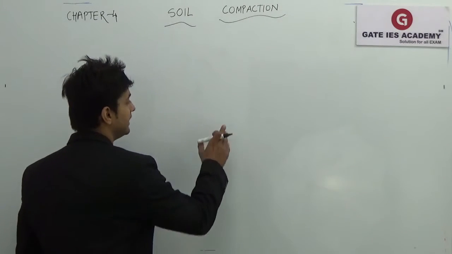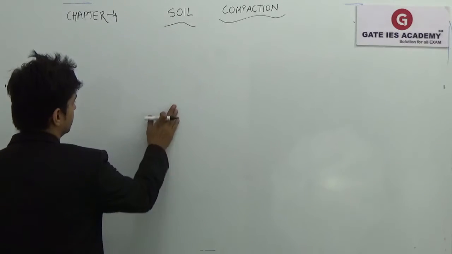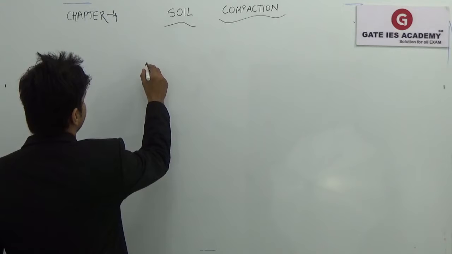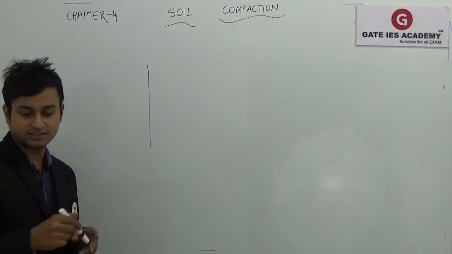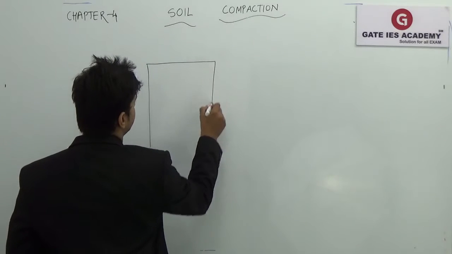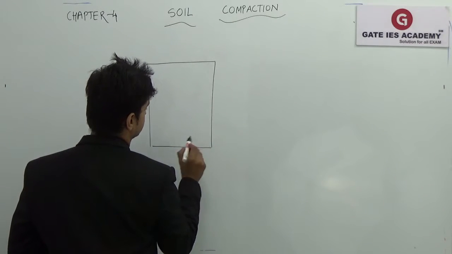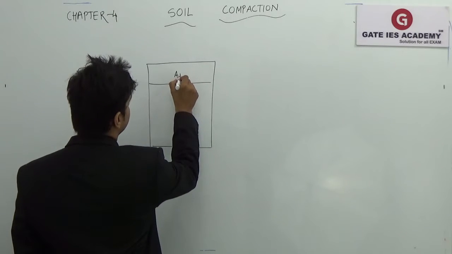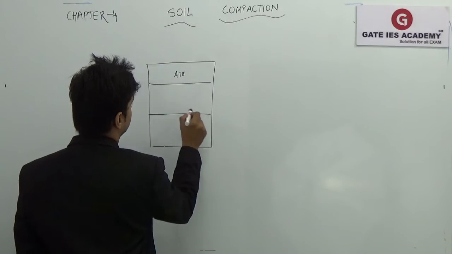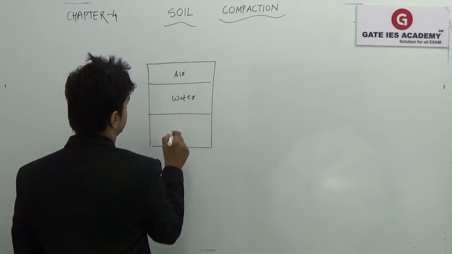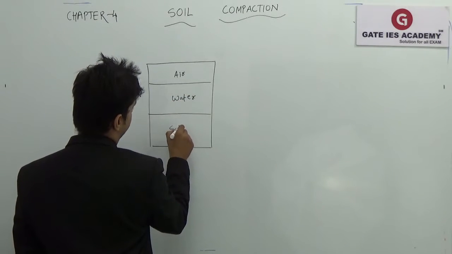So what we are trying to achieve is, when we compact a particular material, its initial stage is like this. Here we have air, water and soil solids.